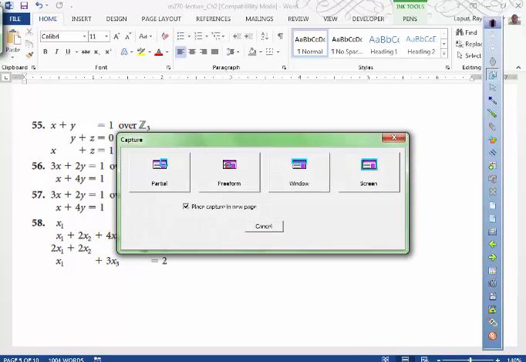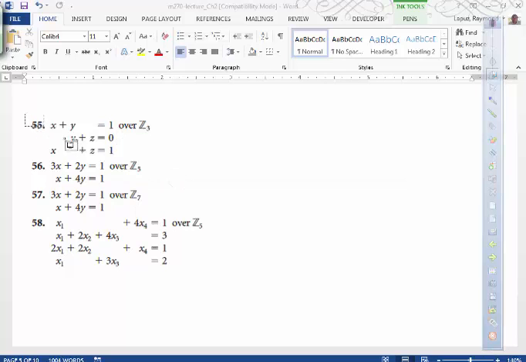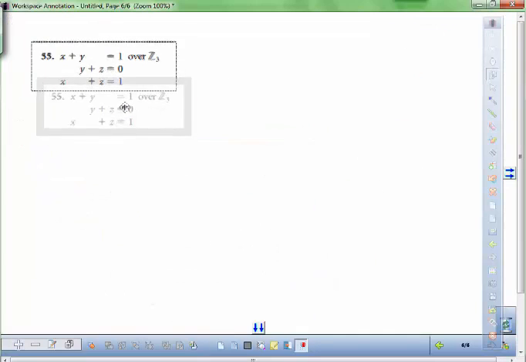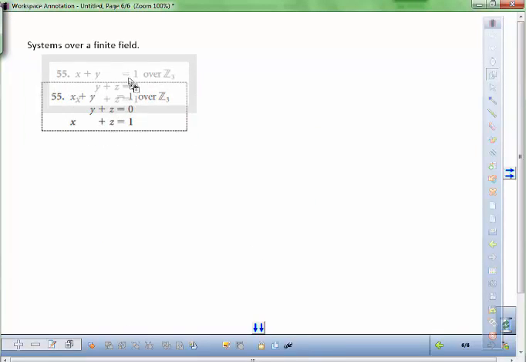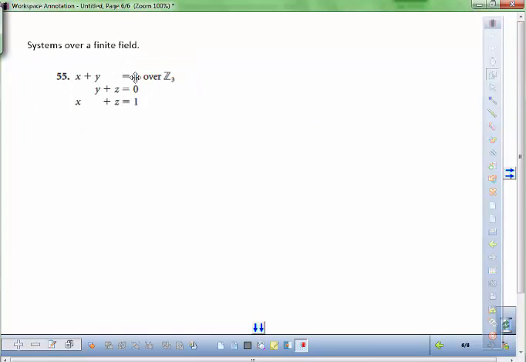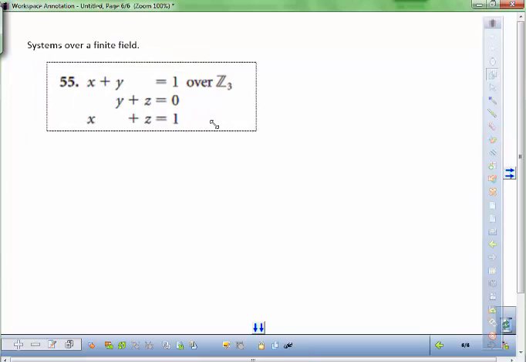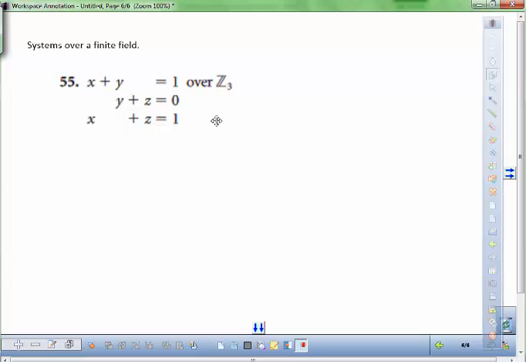And what this really is, is the same thing that we've been doing, except you just have to adjust your arithmetic. It's really just arithmetic that we need to worry about. So when you say subtract, you really have to add its negative.